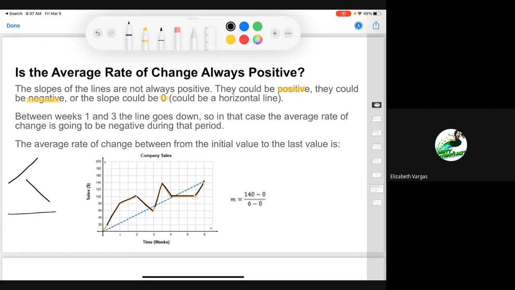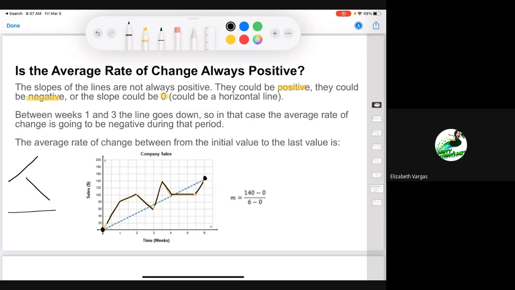And so basically we'll be able to identify how the slope changes, but if we're looking for the average rate of change, like we just looked at, the way we would find it is we would take the initial and the last point, and then find how they relate to each other.